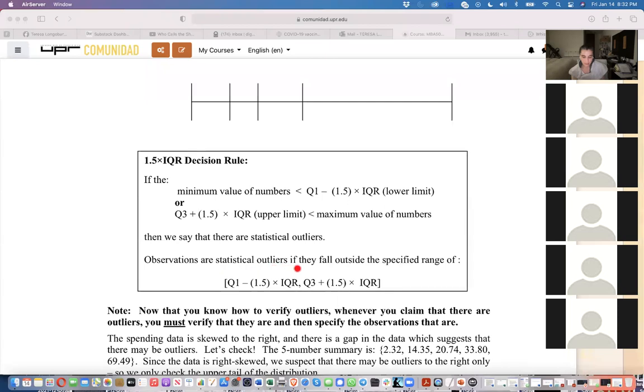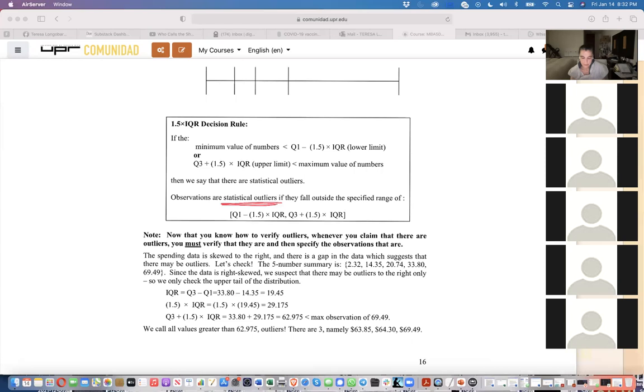Observations are statistical outliers if they fall outside of this range: Q3 plus 1.5 IQR, or Q1 minus, going left, 1.5 times IQR. That's the rule. And we call them statistical outliers specifically, not just curious observations. All right. And this was on page 16.